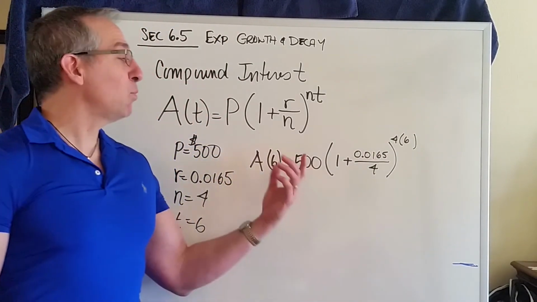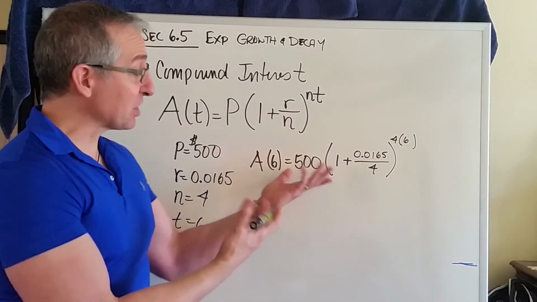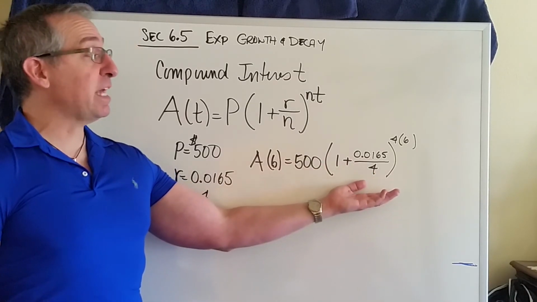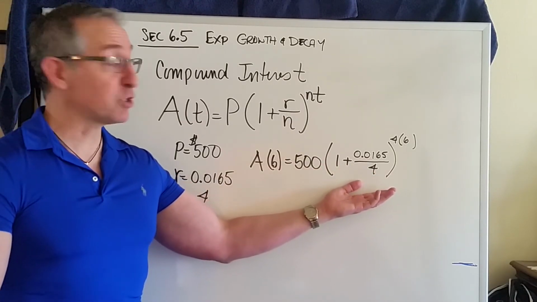Okay? And whatever that is with your calculator, right? Because we were just kind of doing this off the cuff. So figure this with your calculator. That'll tell you how much you're going to have in your account after 6 years.